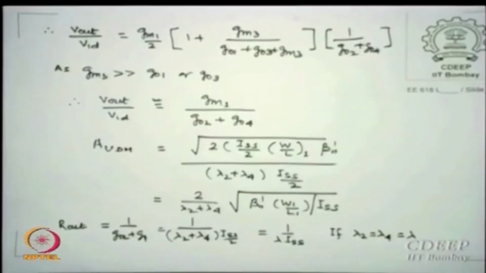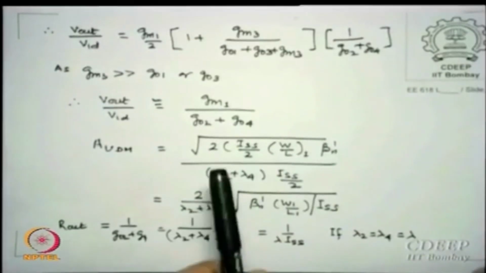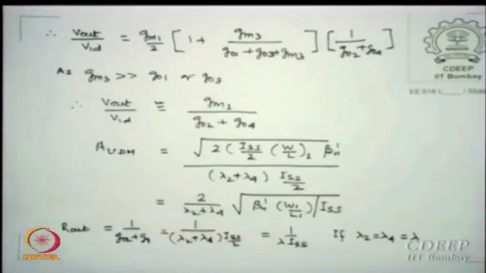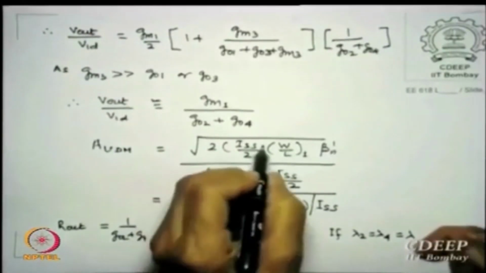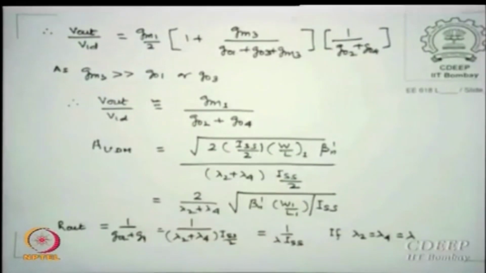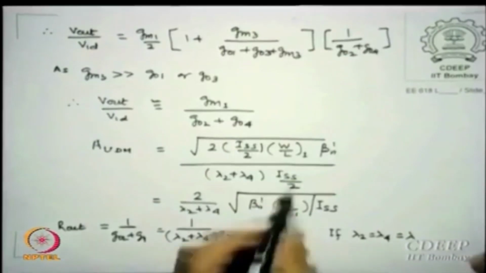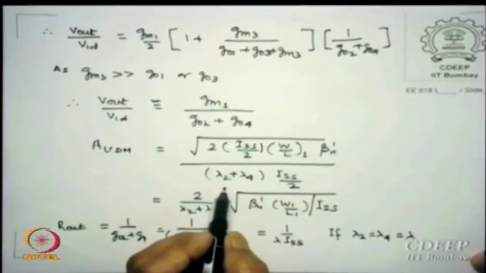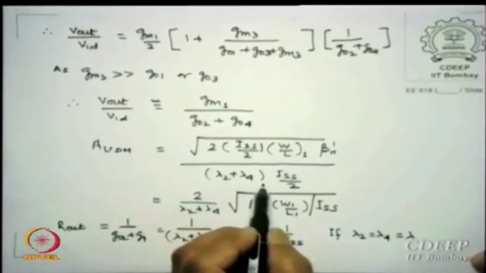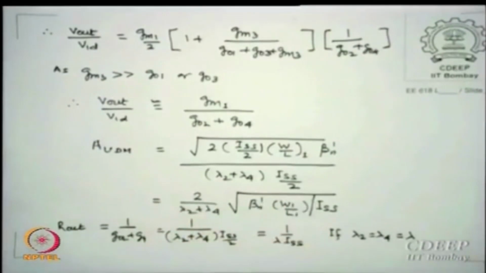So what is GM1? Why I wrote this expression is relevant for us, because from a designer's point of view, let us say what is GM1. GM1 is substituted as 2 times the current in each arm, ISS by 2, W by L1 into beta n dash, divided by lambda 2 plus lambda 4 into ISS by 2.